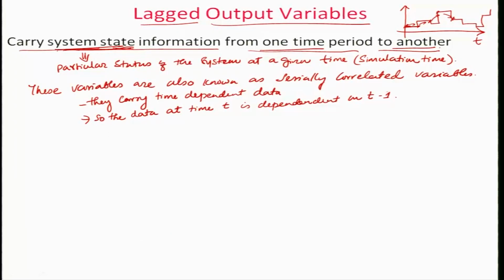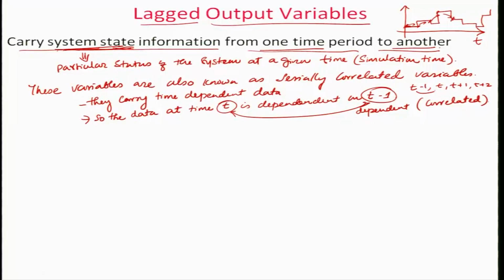So, t and t minus 1 are related, or dependent on each other, hence they become correlated. It is called serially correlated because as time progresses you will see t minus 1, t, t plus 1, t plus 2, etc. So, these values are serially correlated, hence it is called serially correlated variables, right.